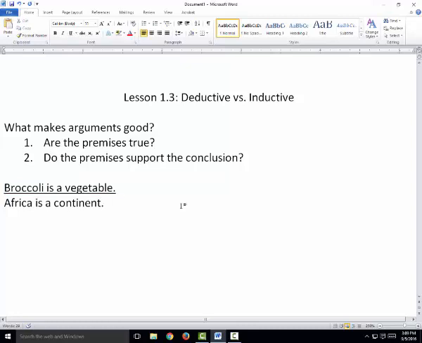Now we don't have to think about figuring out what the conclusion is and what the premises are. That's in the past, and we're looking at a list form where we know what the premises are and what the conclusion is. And this argument has a true premise. It's true that broccoli is a vegetable, but of course that has nothing to do with Africa being a continent, and so in this argument the premises do not support the conclusion.